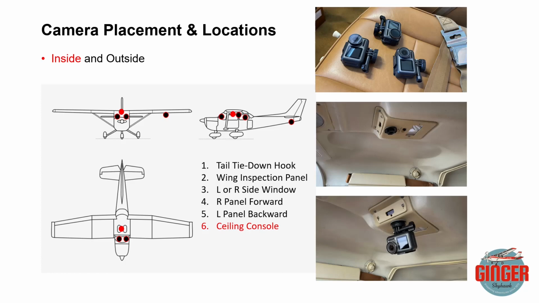No, you don't do that. Once that engine starts, you're committed to flying. If you didn't turn the camera on, you're just not going to have that view on that flight.